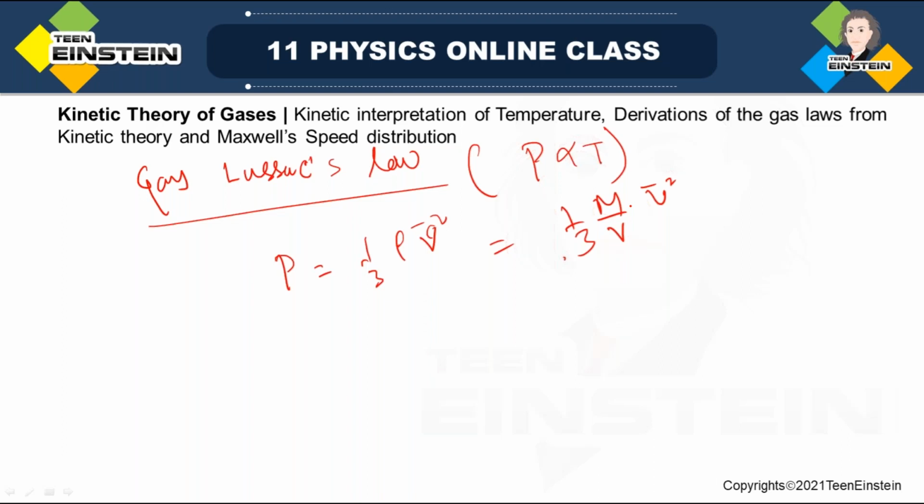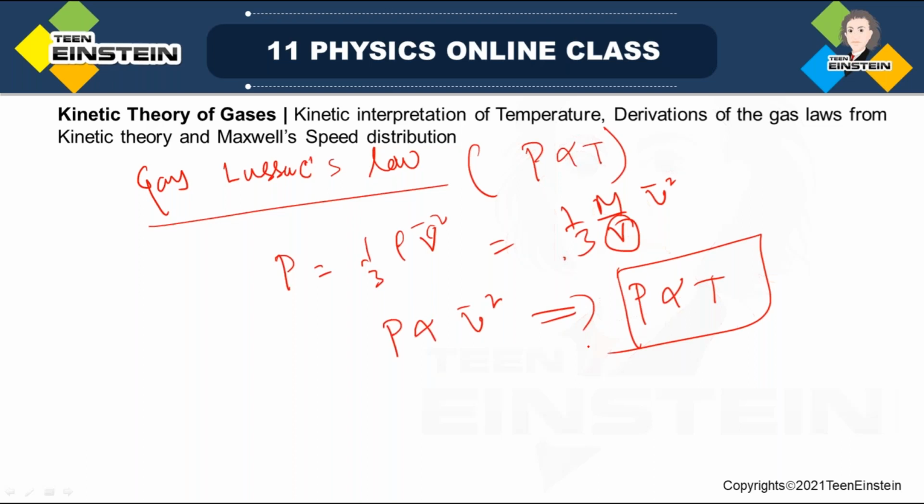So from here you can see that in this statement volume remains constant. So P is directly proportional to v average square, and that in turn will be directly proportional to the temperature, because the average kinetic energy of gas is directly proportional to the absolute temperature.